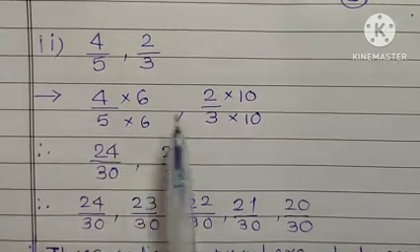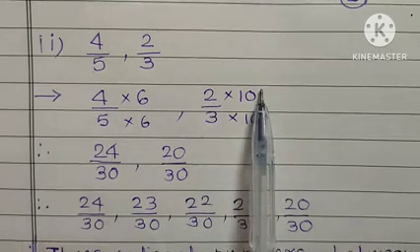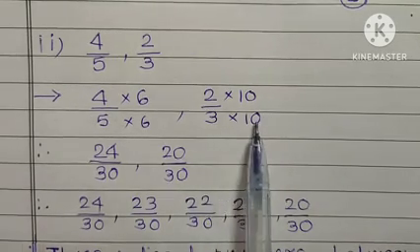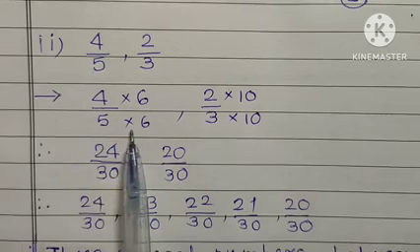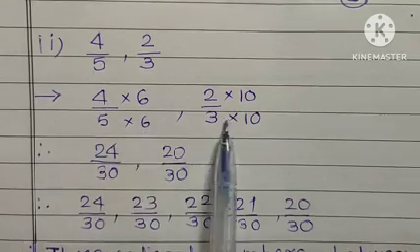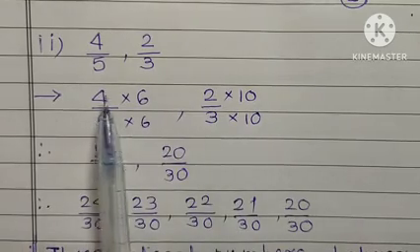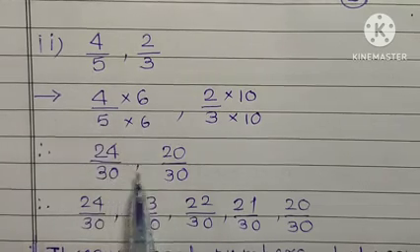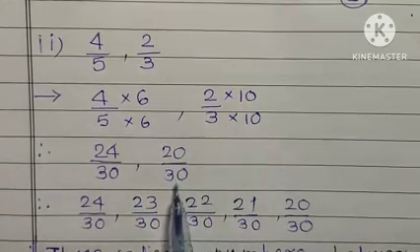Now, for making the denominator 30 in the other, you should multiply and divide by 10. 3 10s are 30 and 5 6s are 30. So denominator same. Okay. So 4 into 6 is 24 upon 30. 2 into 10, 20 upon 30.